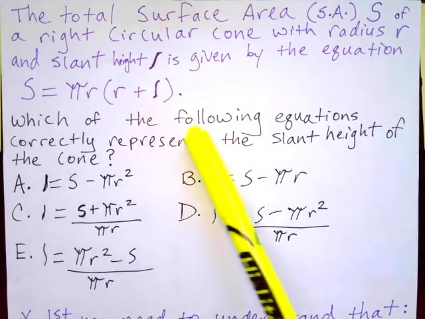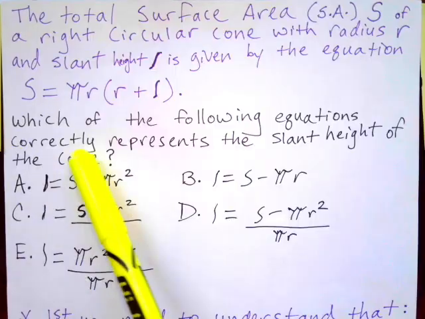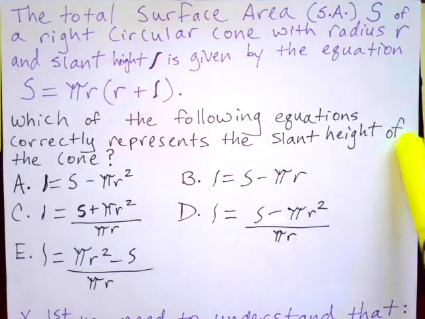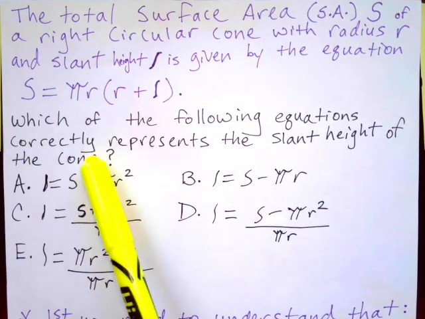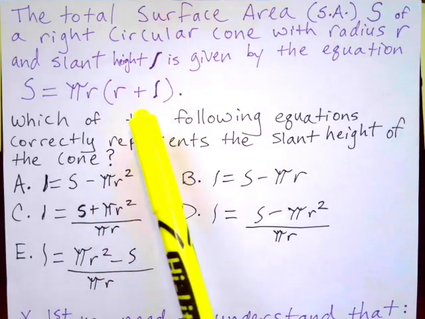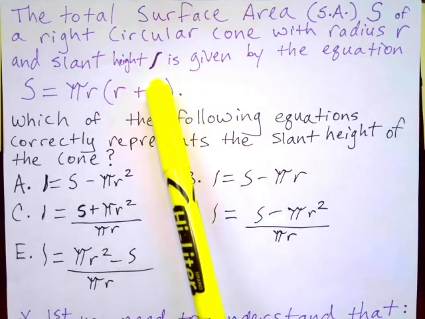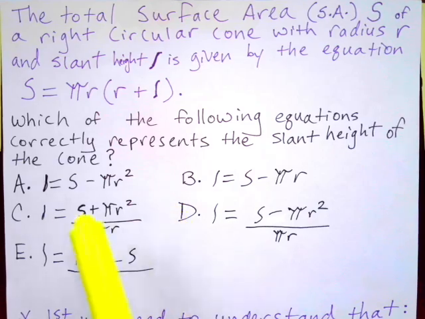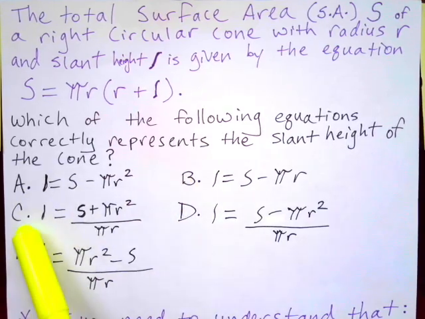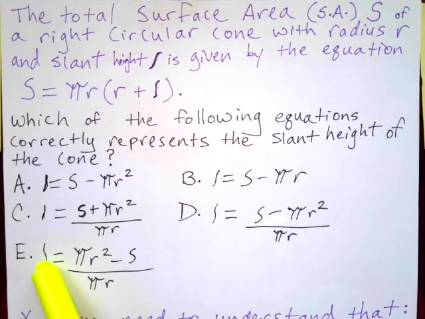So which of the following equations correctly represents the slant height of the cone? Right? So we're trying to solve for this symbol here, slant height. So which one, A, B, C, D, or E, is the correct equation that represents that slant height?